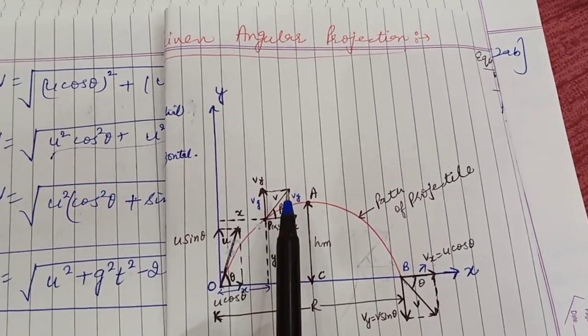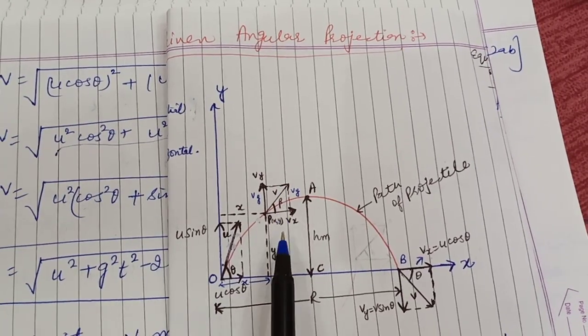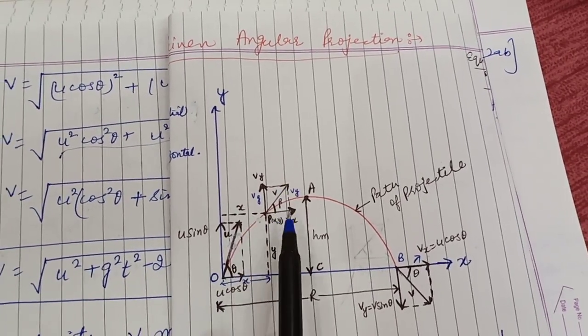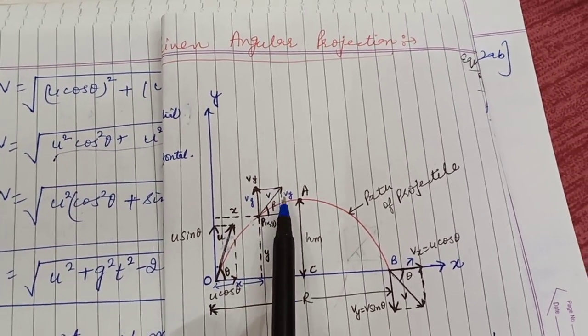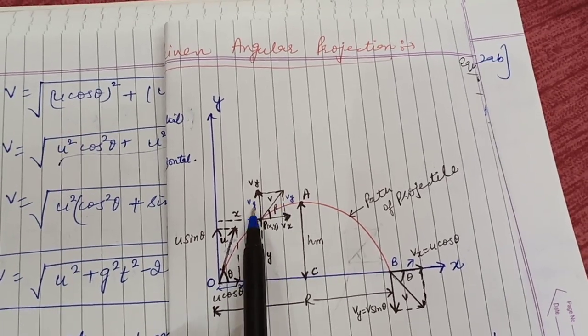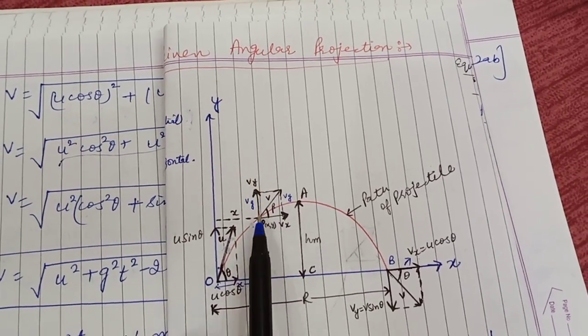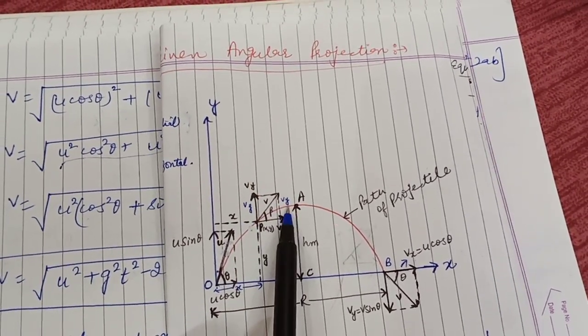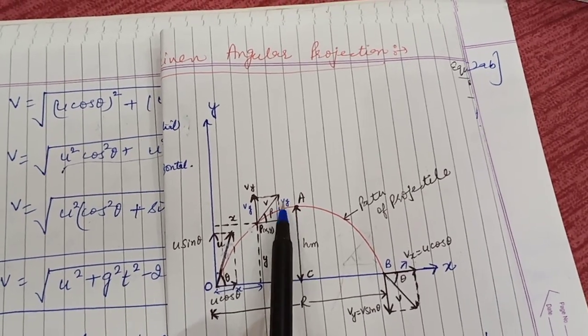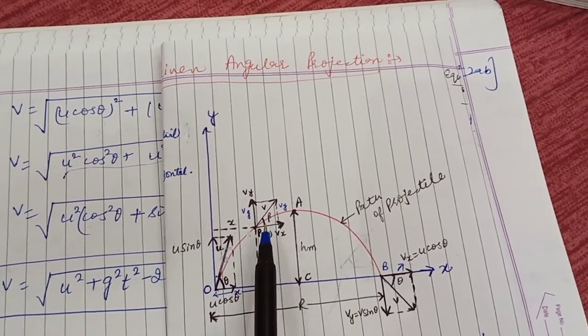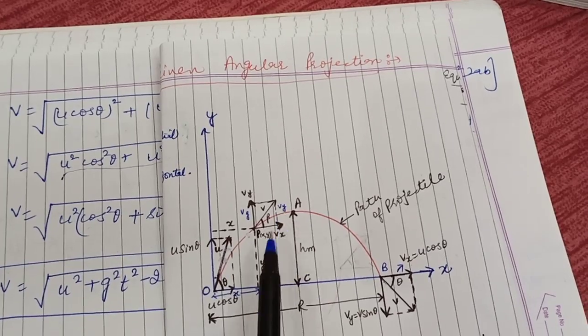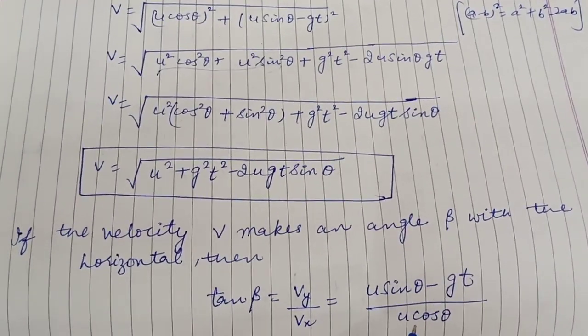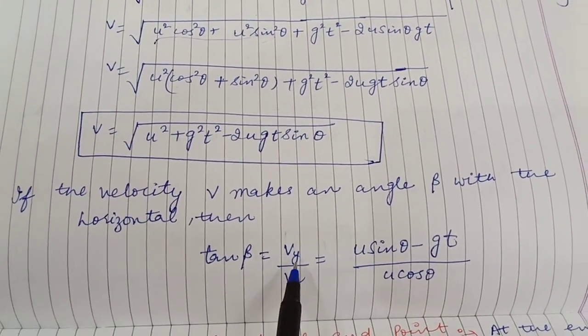So the value of tan beta in this triangle is equal to perpendicular over base. Here perpendicular is this, which is parallel to this. We know this is equal to Vy. So again this is also equal to Vy. So this is perpendicular, this is base. So tan beta is equal to Vy upon Vx.